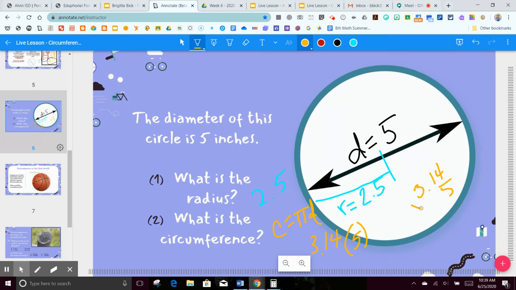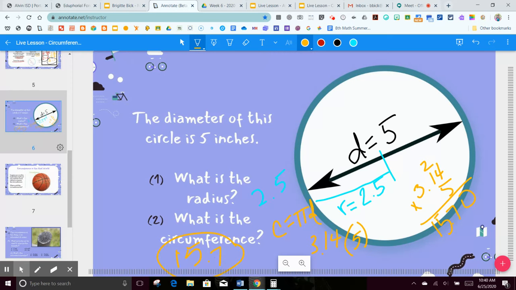And I apologize, last time I messed up on my multiplication, so hopefully this time I don't. 5 times 3 is 15. We have 2 decimal places. So the circumference is 15.7.